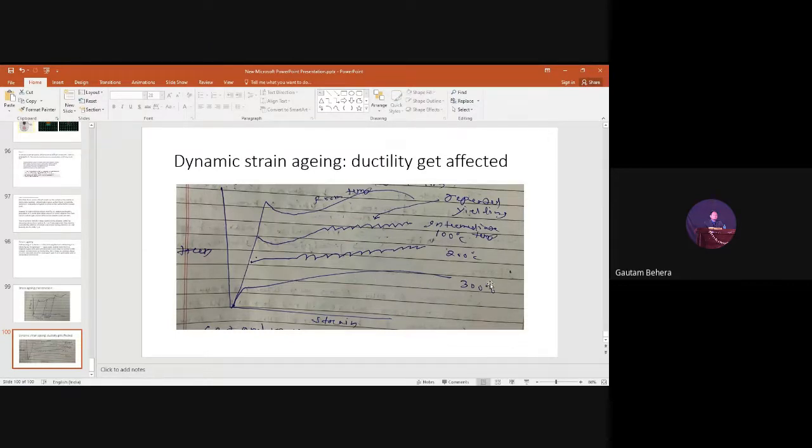But in this part, it is like a police and thief kind of thing. Police is catching the thief. The thief cannot move. Again, the thief is moving, and again, police is catching the thief. Like this. This is the kind of game happening at this temperature, 100 to 200 degrees centigrade. Right?